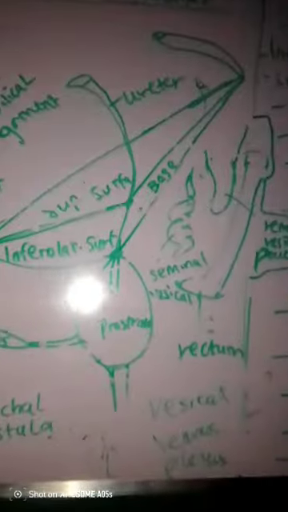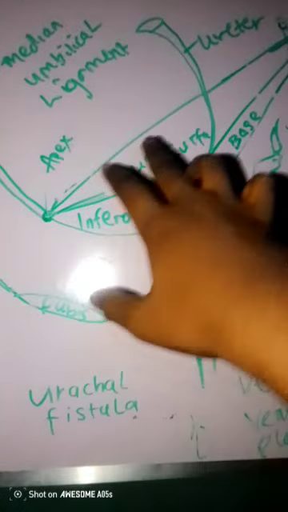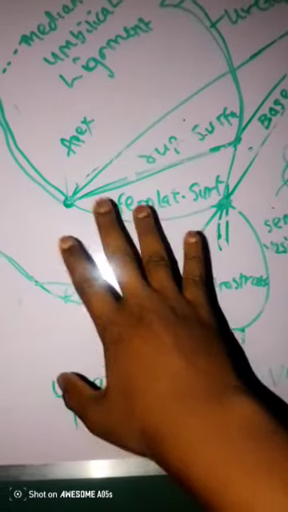Once you dissect the posterior ligament of the bladder, you find your vesical venous plexus. Then we have the lateral ligament that connects the lateral surface of the bladder to the pelvic wall. The posterior ligament connects the base of the bladder to the pelvic wall.